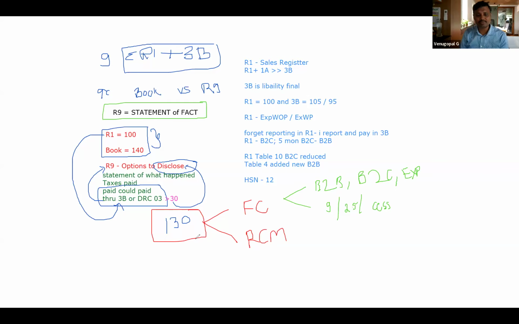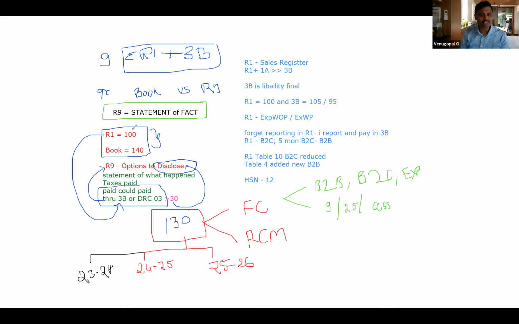What is this dimension? This 130 could have been paid in 24-25, or in 25-26. Many people don't know that it could have been paid even in 23-24. Some portion of it would have been paid.